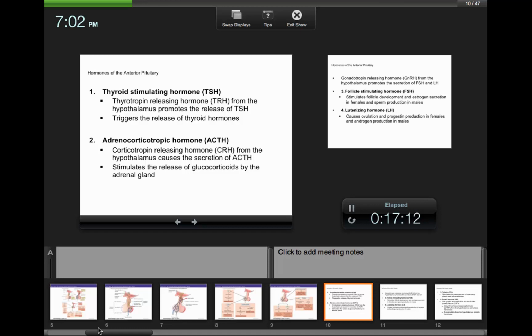And then prolactin, let's go to prolactin. Releasing hormone releases prolactin from the anterior pituitary. Now, I just want to make sure that you guys realize that this is very distinct from oxytocin. Prolactin travels to mammary glands.